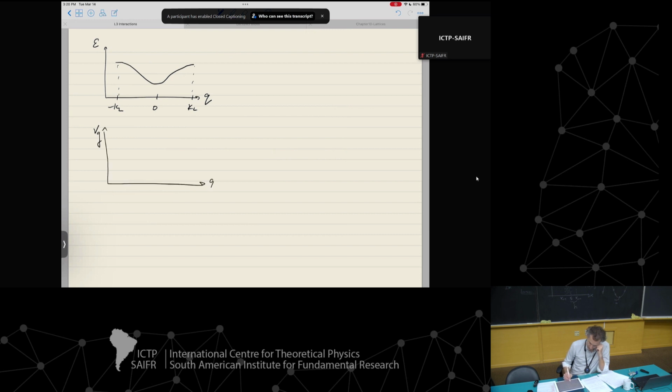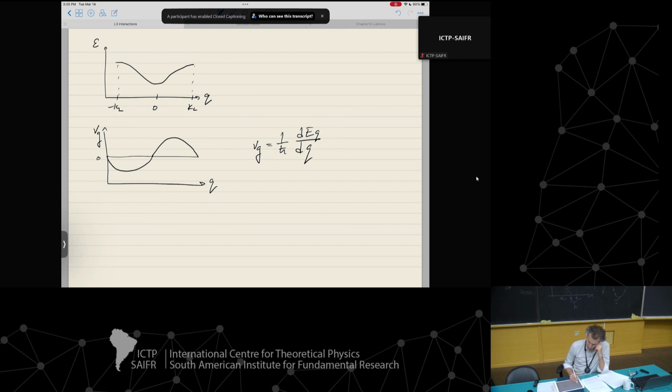And the group velocity versus quasi-momentum was the derivative of the cosine, and it looked like this. Okay, so we found that group velocity was 1 over h bar, the derivative of the energy distribution with respect to q.